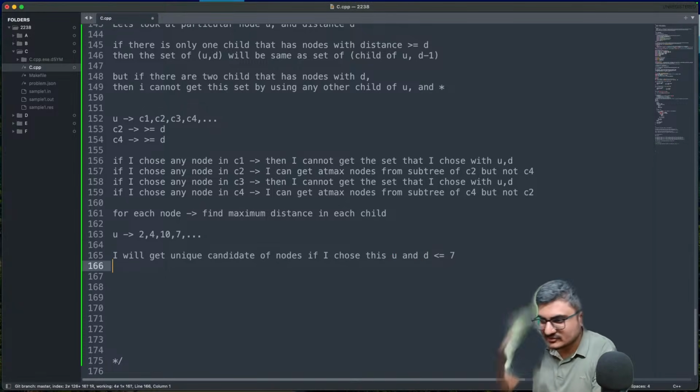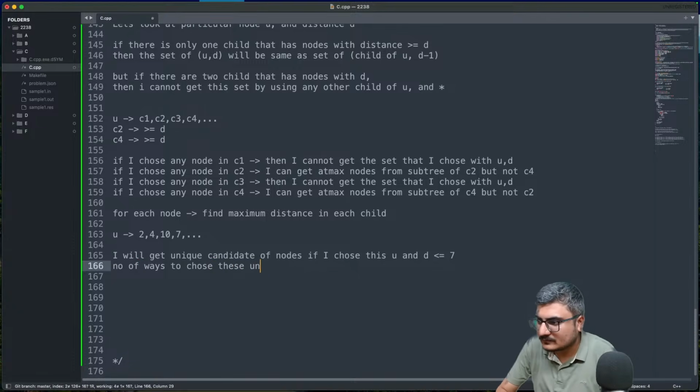And this actually solves this problem. And the number of choices is 8, which is, you can choose 0 up to 7. And this is where we are.